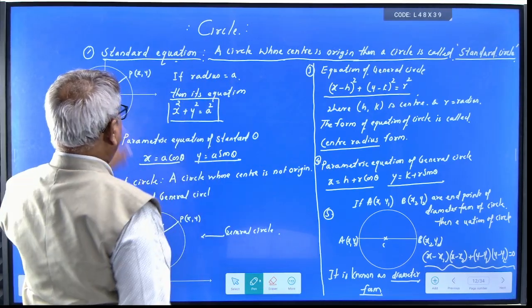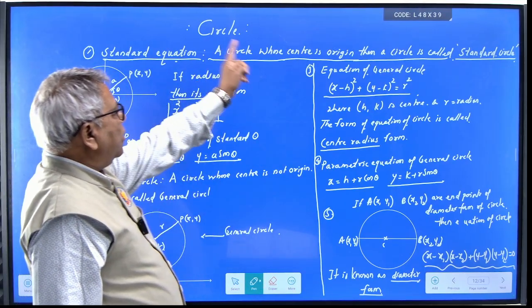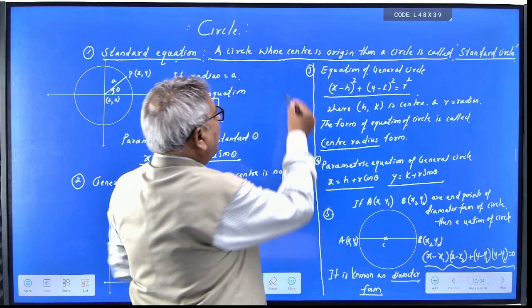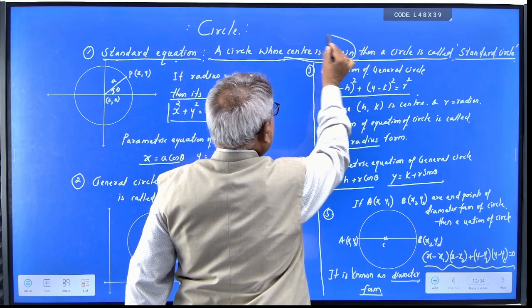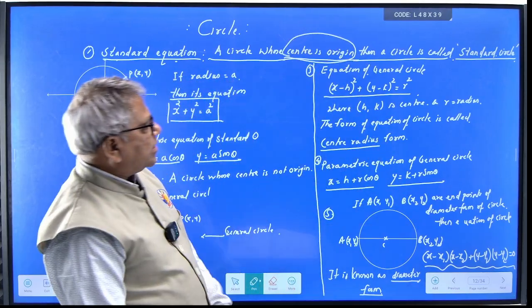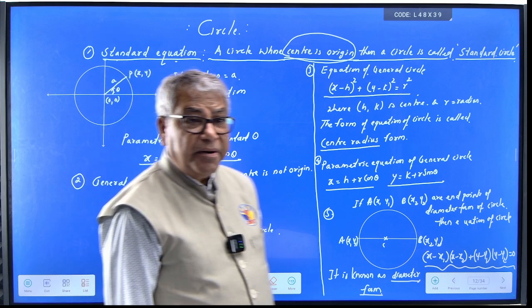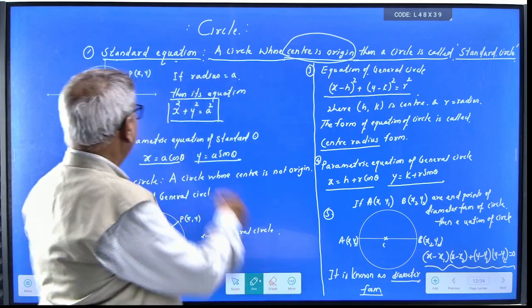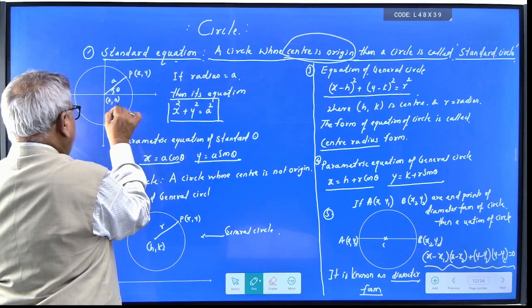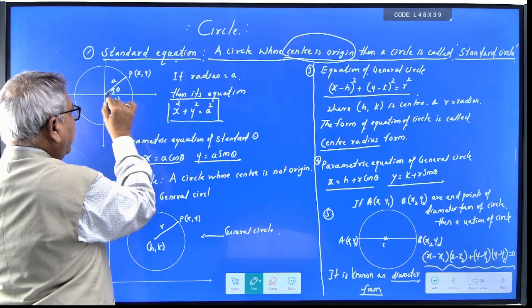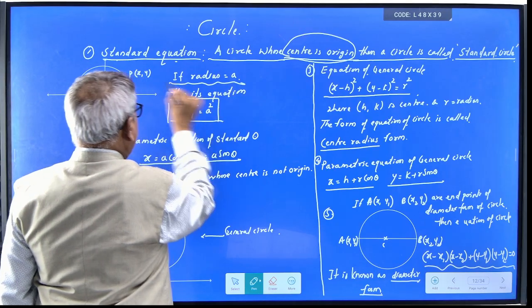Now we shall turn to the types of circles, that is, the standard circle. A circle whose center is the origin is called a standard circle, right? Observe here, its center is the origin.